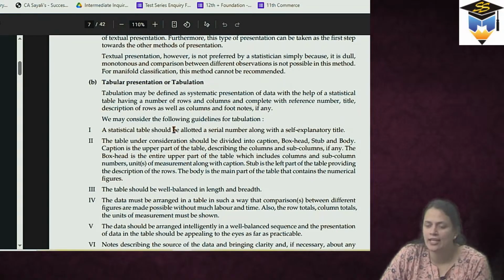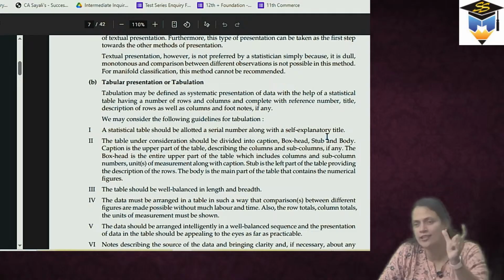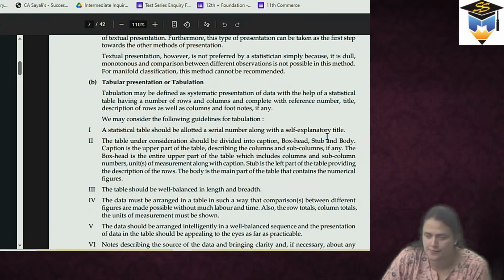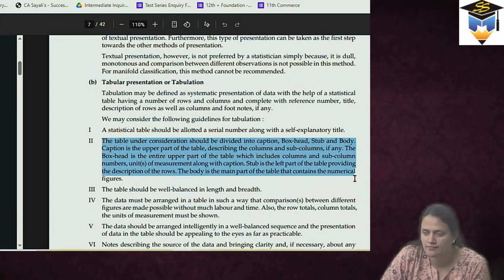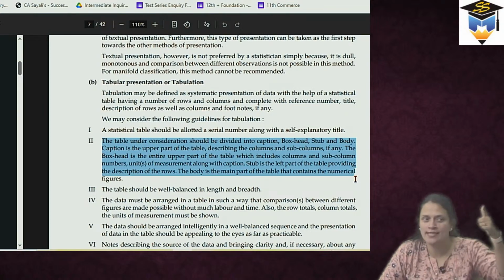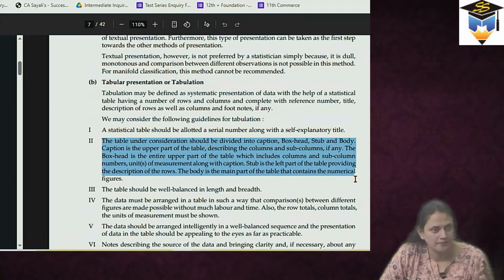A statistical table should be allotted a serial number along with a self-explanatory title. So title is a must. Just by looking at the title, you understand which type of data it is. Then this part is very, very important. The table under consideration should be divided into caption, box head, stub and body.